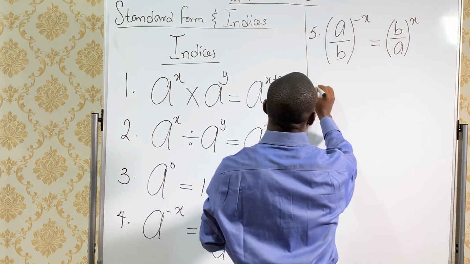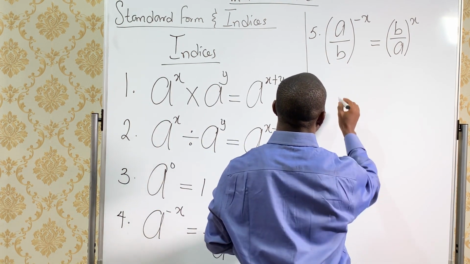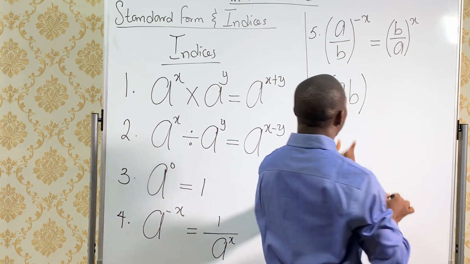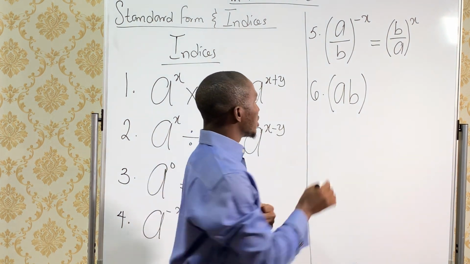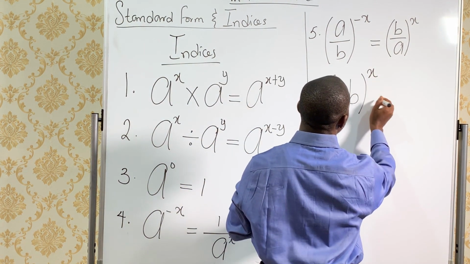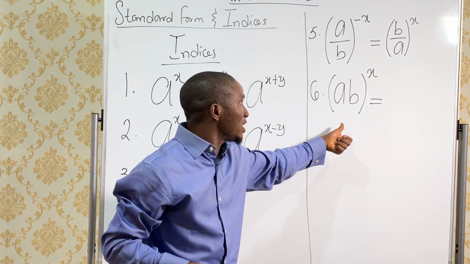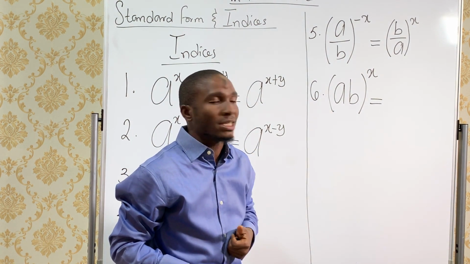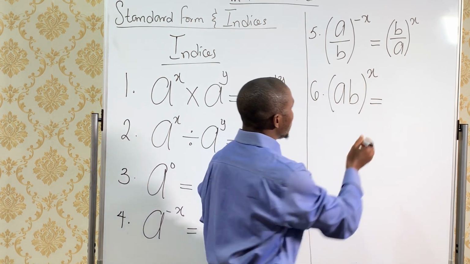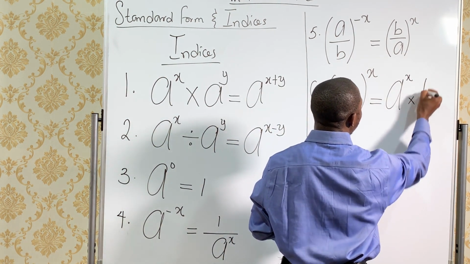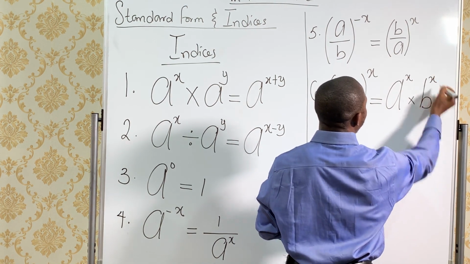Now, the sixth law says that if you have two expressions multiplying each other raised to power x, if you are to expand this expression here on the board, each of them will carry the power, a raised to power x times b raised to power x.